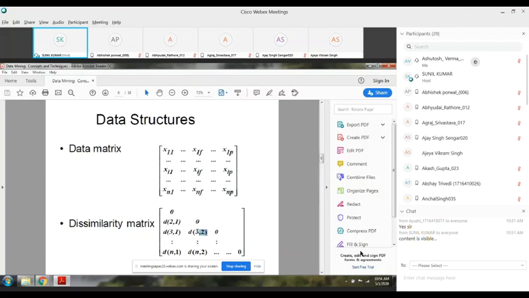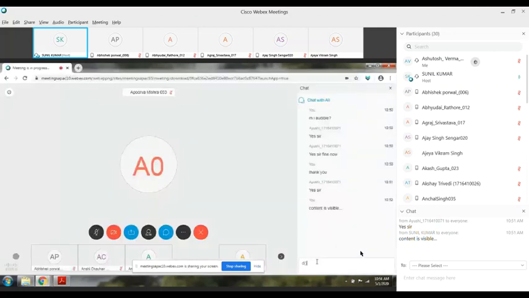It's a very important concept to understand: whether D3,2 equals D2,3. Is it true or false? Please respond. Arya, waiting for your response.